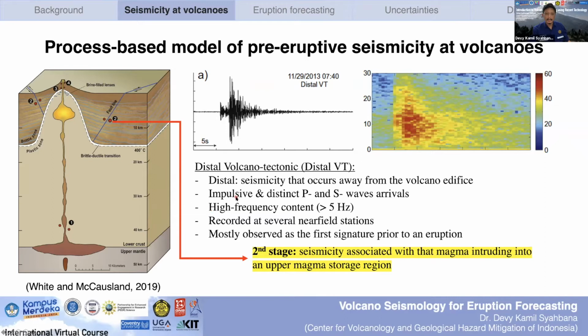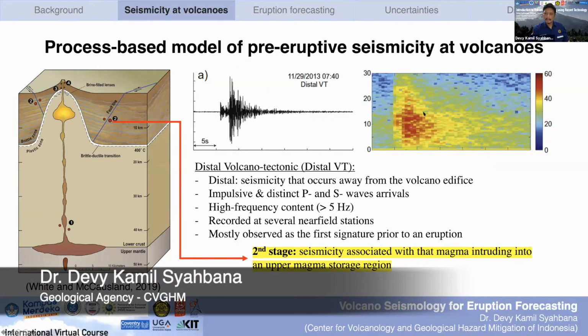And what are the characteristics of this event? You see that the P and S waves are very impulsive and distinct. You can tell the difference between the P wave and S wave. And on the right side of this spectrogram, you see the high frequency content of more than 5 Hertz.